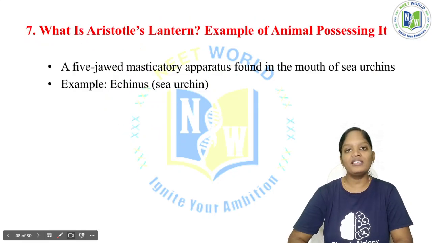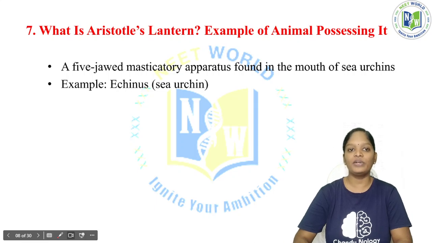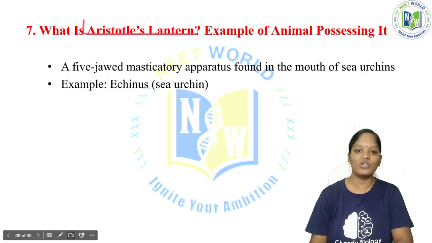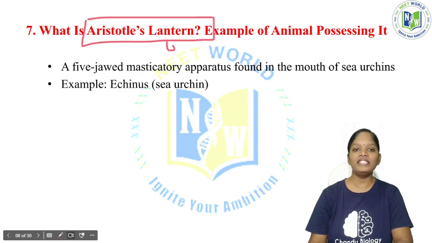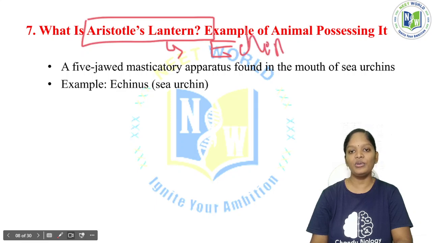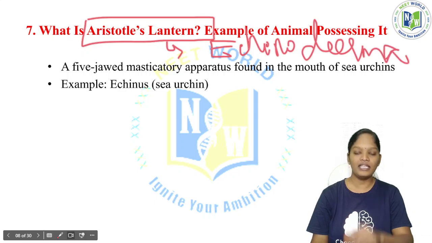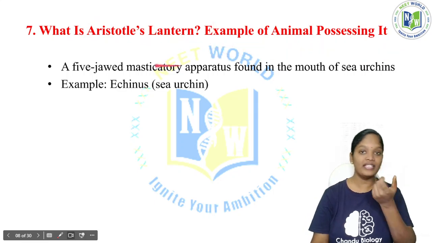Now, what is Aristotle's lantern? Give an example of an animal possessing it. You should know what Aristotle's lantern is. It is the mouth part of some organisms, and it is present in the phylum Echinodermata. Echinodermata means spiny skinned organisms.